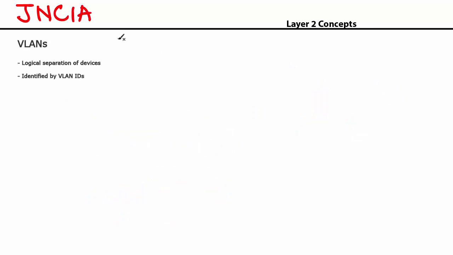VLANs or virtual LANs. We just discussed broadcast domains, and we saw how a switch is a single broadcast domain. What that means is any device that is connected to the switch, when it sends a broadcast, the broadcast reaches all other devices on that switch. Now if that switch is a small switch like an 8 port or a 16 port switch, that's fine.